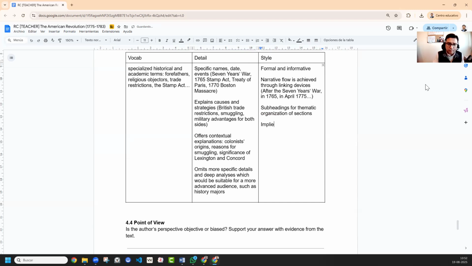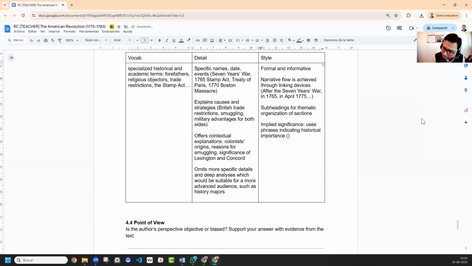And there is also implied significance. Okay, so for example, uses phrases indicating historical importance.